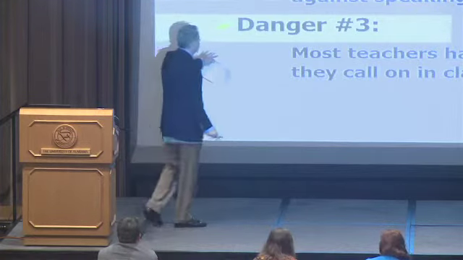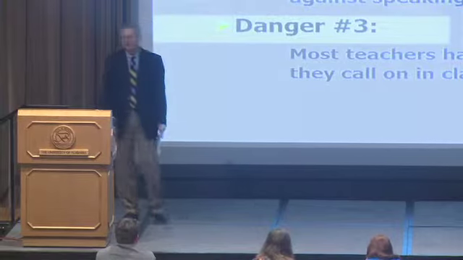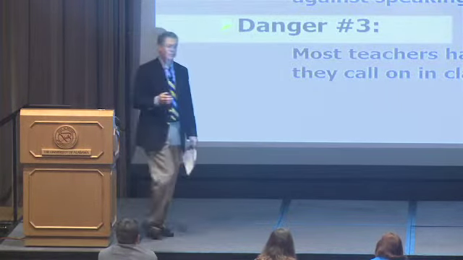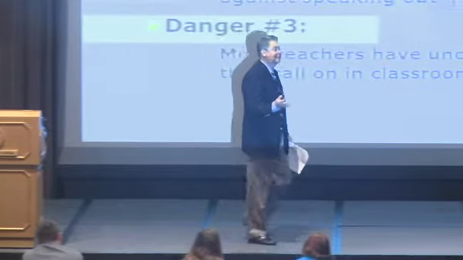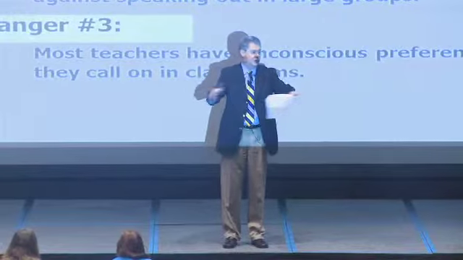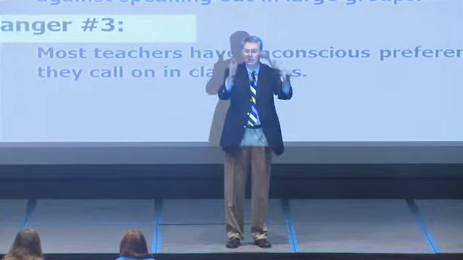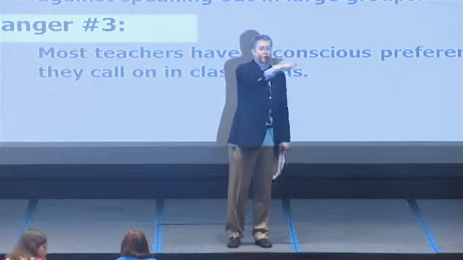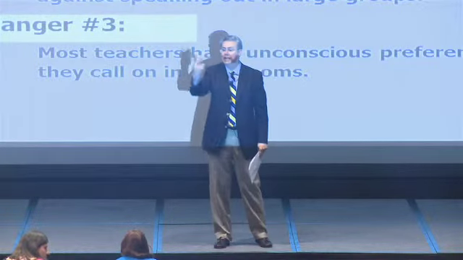So be careful. And then danger number three: most teachers have an unconscious preference for whom they call on in the classroom. Sometimes it's called the T factor. So the students in the front couple of rows, and the students down the middle, they have my attention, and I'm going to call on them. You out in the outer quadrants, good luck.